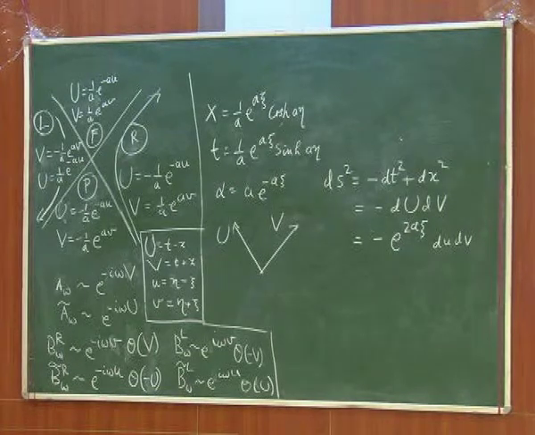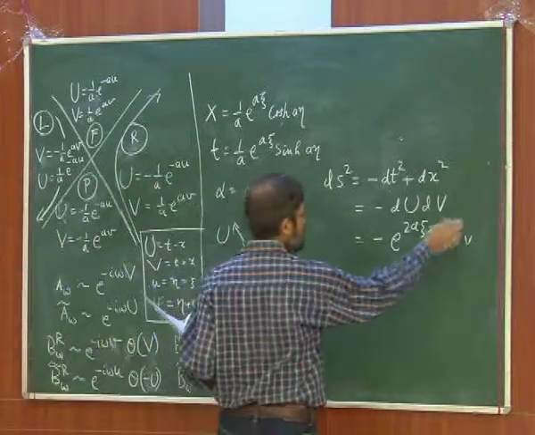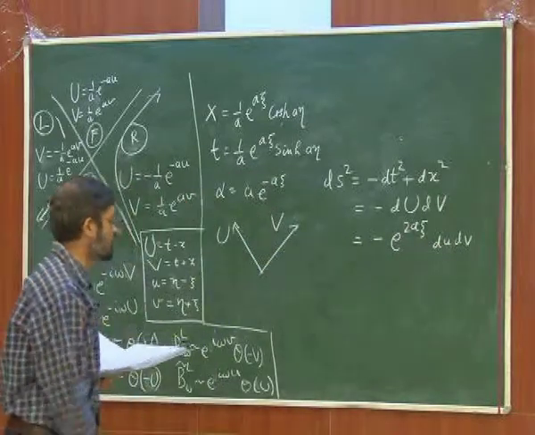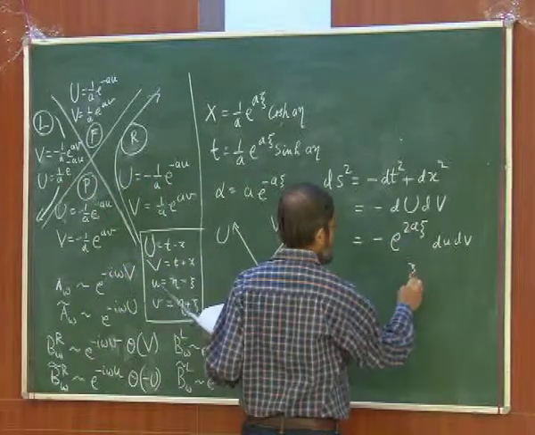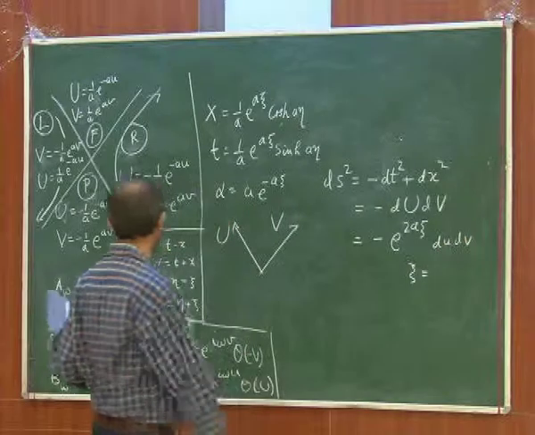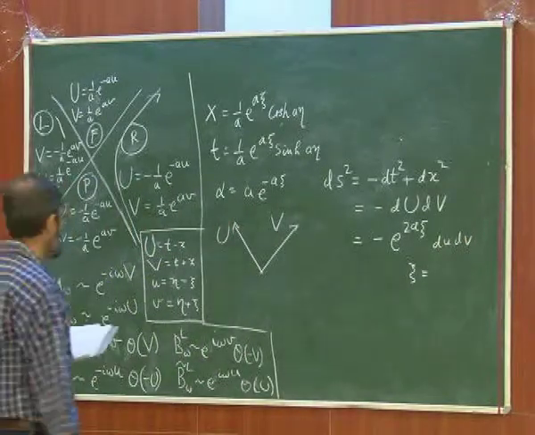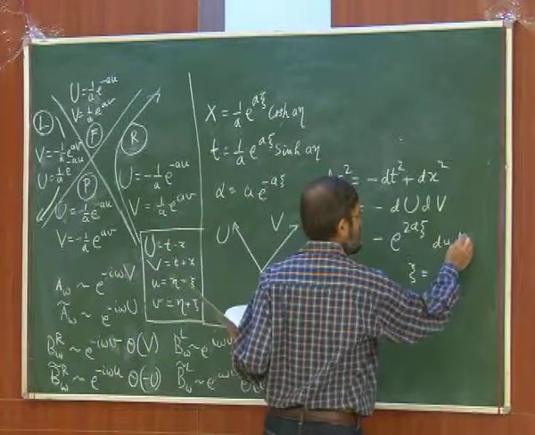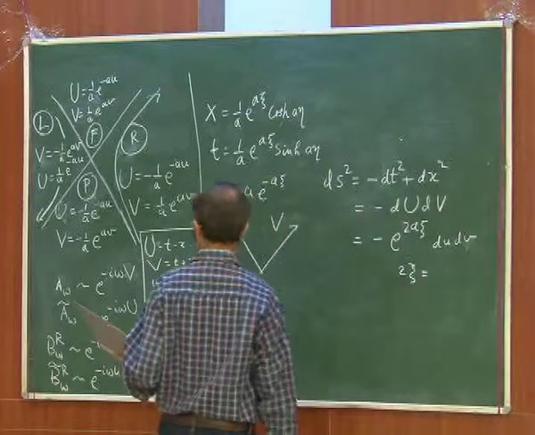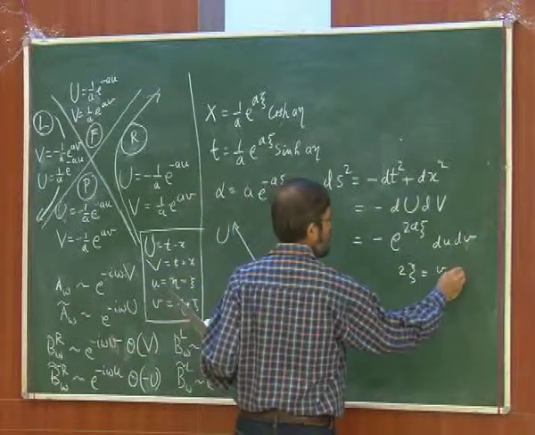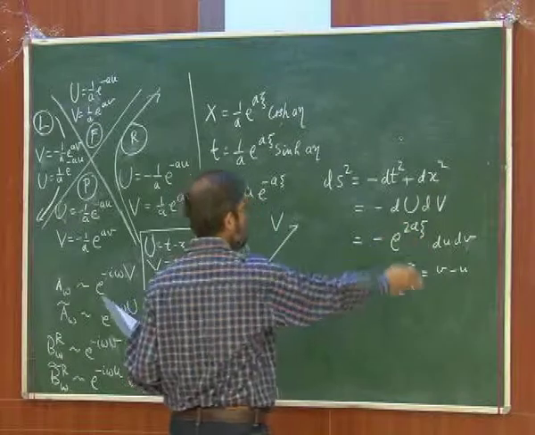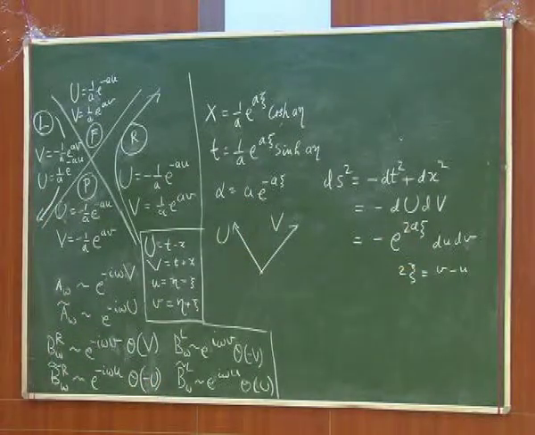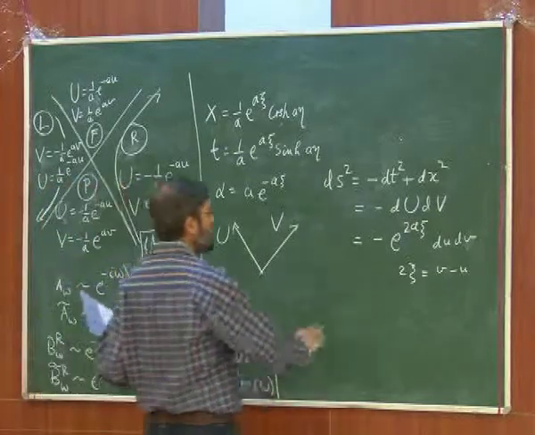Okay, good. So this is the space-time written in this fashion, where xi can be understood as a function of small u and small v. Clearly, 2 xi is equal to v minus u. That's called Rindler space-time, and again, it's a conformal factor.